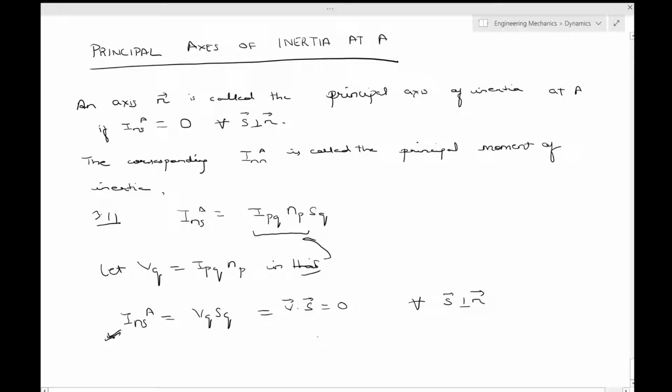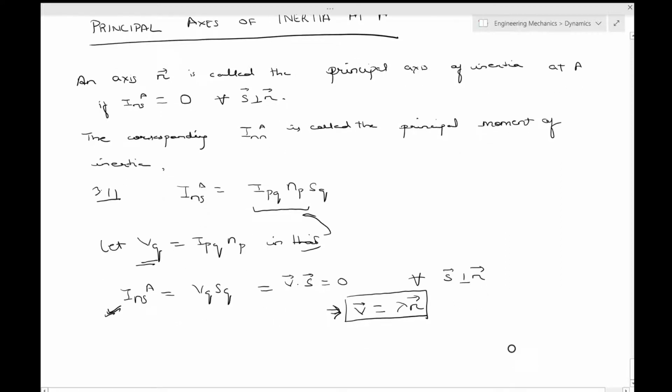So once we have V_q such that the dot product of V with s is 0, this would imply that V will be equal to lambda n, because n is perpendicular to s, so this will always be 0.